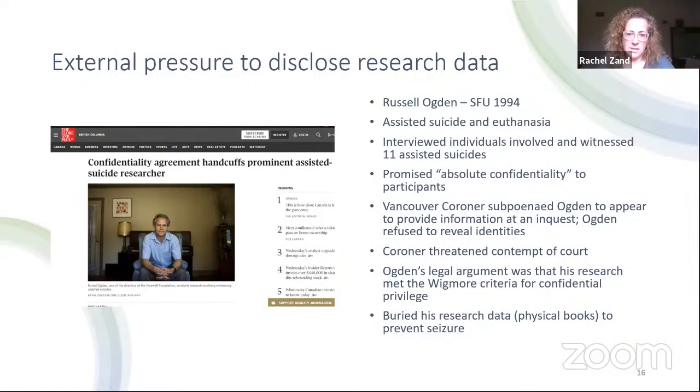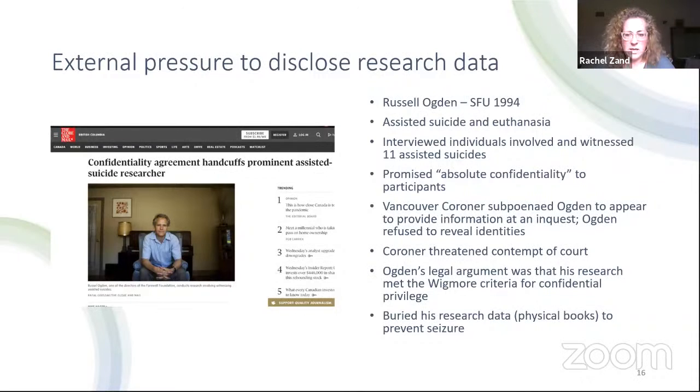And it's recognized that research is an essential element of society, and that we need to respect the confidentiality of political scientists, or in this case criminologists, in conducting their research, or any research really. You need to have this confidentiality.